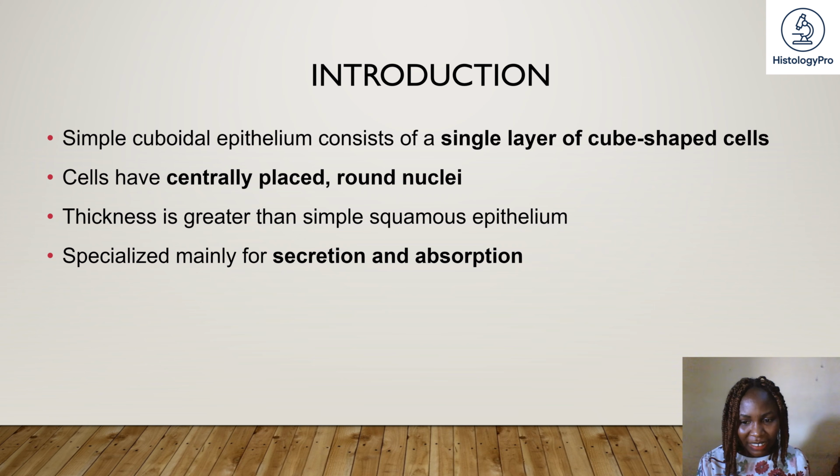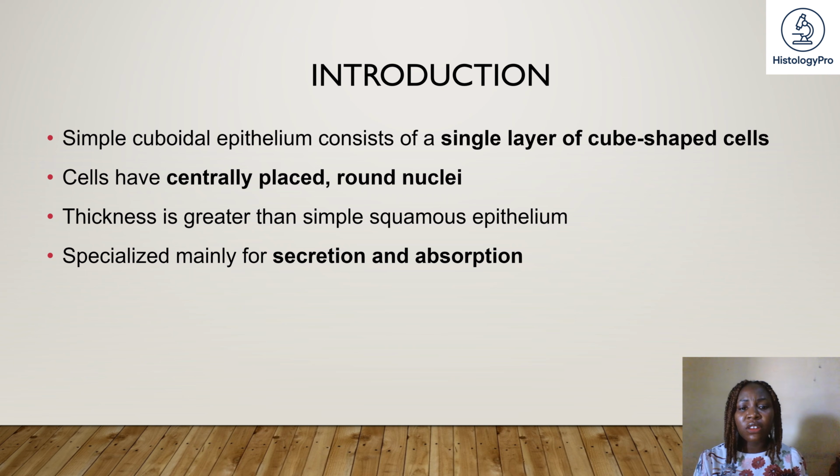Let's get started. Simple cuboidal epithelium is made up of a single layer of cells that are approximately as tall as they are wide, giving them a cuboidal shape. Each cell contains a centrally placed round nucleus, which is a key identifying feature during practical examinations. Compared to simple squamous epithelium, this tissue is thicker, reflecting its functional specialization.